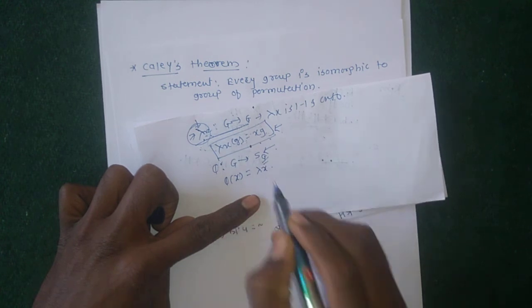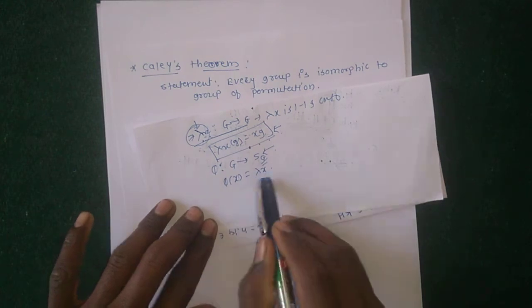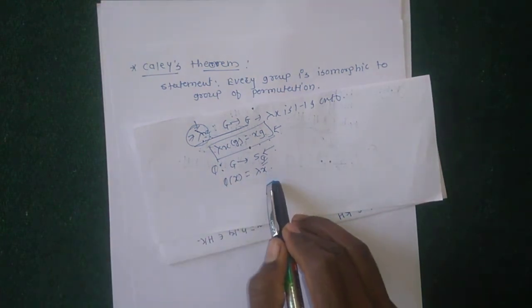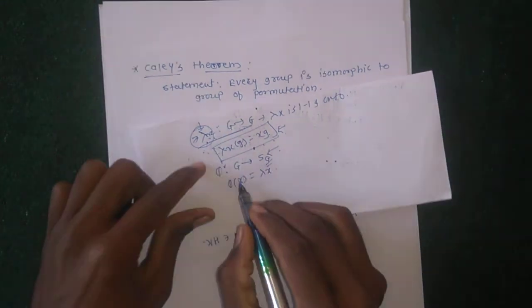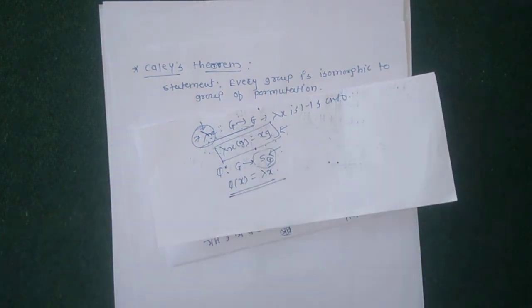We show this map is 1-1, onto and homomorphic. If so, then G and this permutation group are isomorphic.